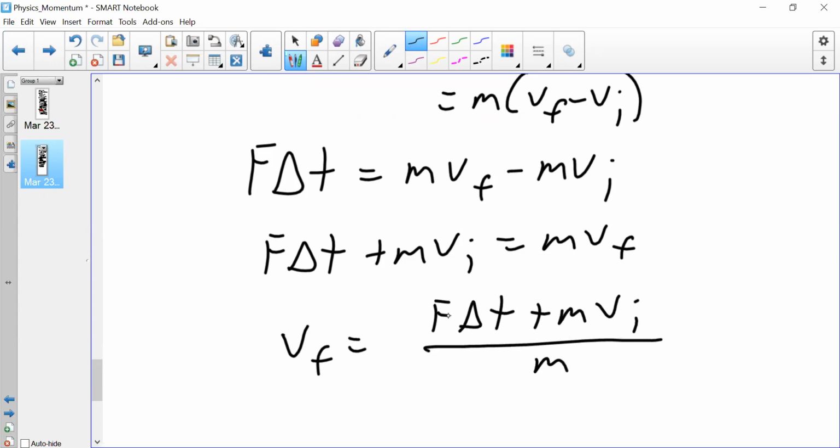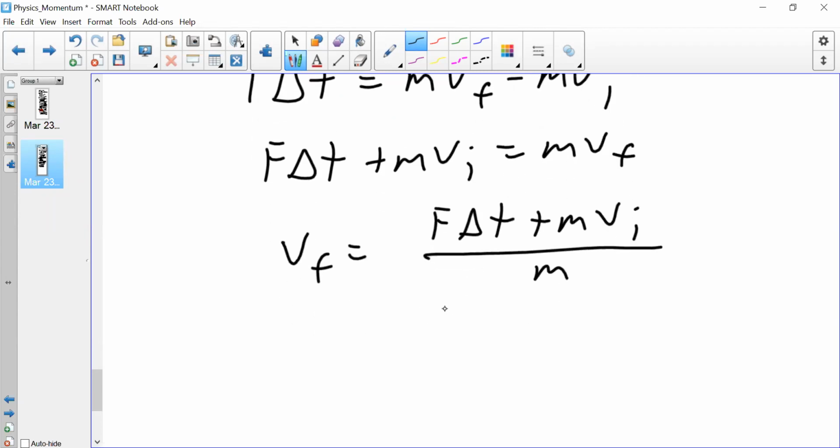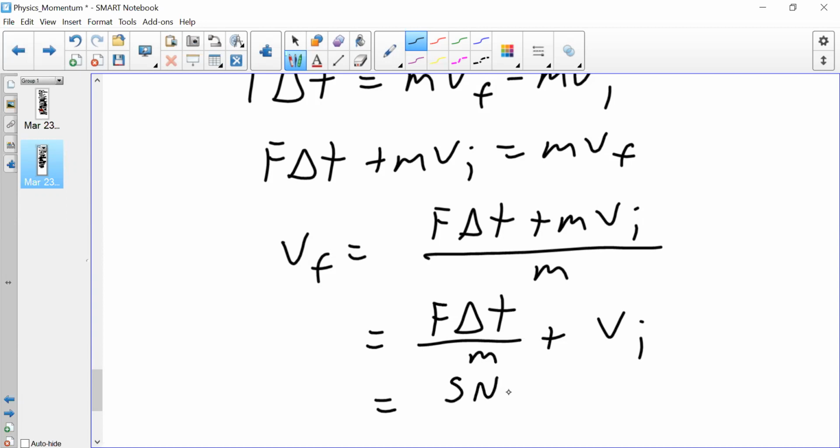Then we just put all of our numbers in here and solve it out for the final speed. We have F delta T over mass, plus m v i over m, or just v i because the mass cancels out for that term. Our impulse up top, force times time, is 5 Newton seconds, divided by the mass, which is 7, plus the initial velocity, which is 2.